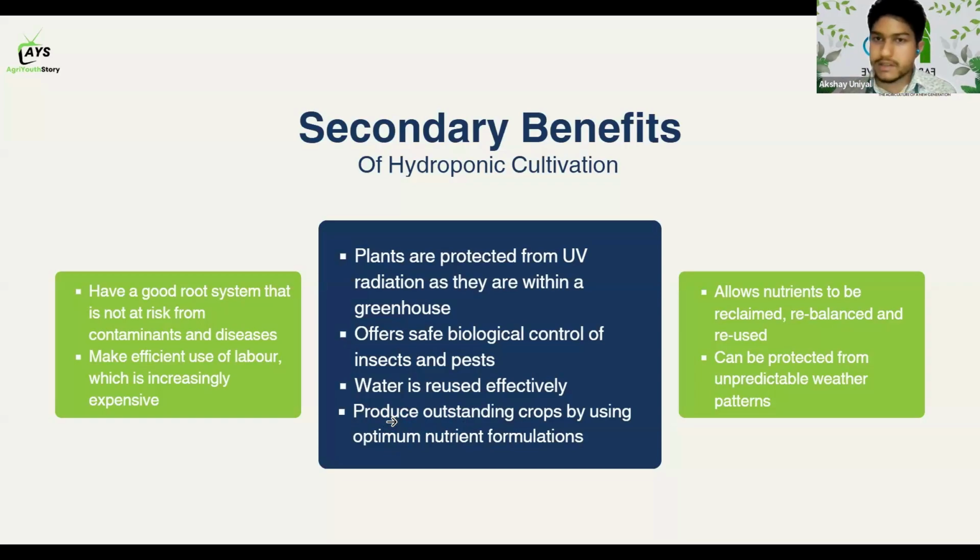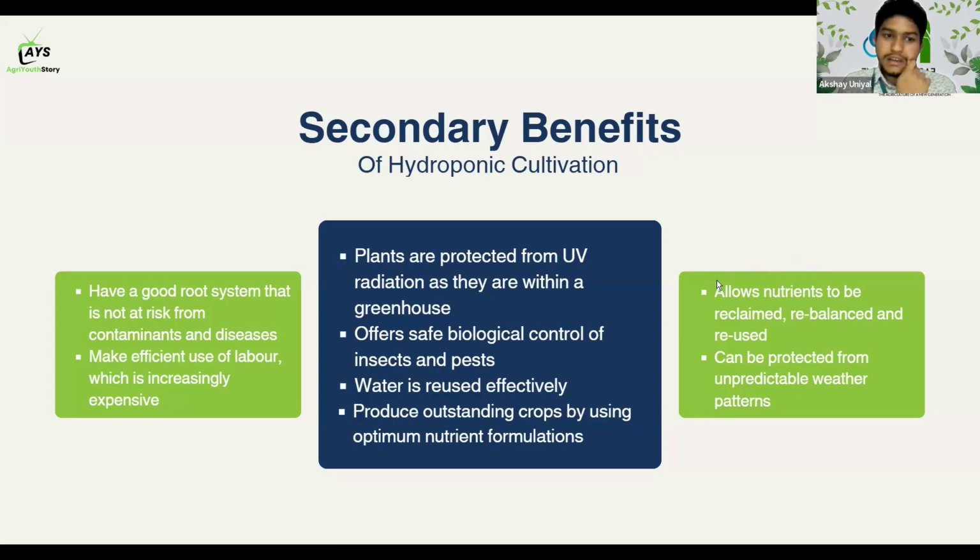So nutrient formulations, as I told you, everything is monitored, everything is controlled. So the crops that we get in the end are very good quality crops, both in terms of quantity and quality. Now this allows nutrients to be reclaimed, rebalanced, and reused.